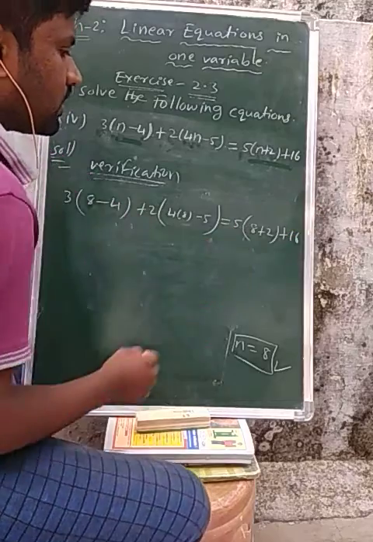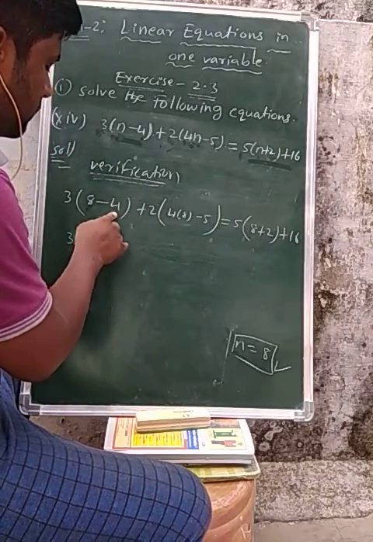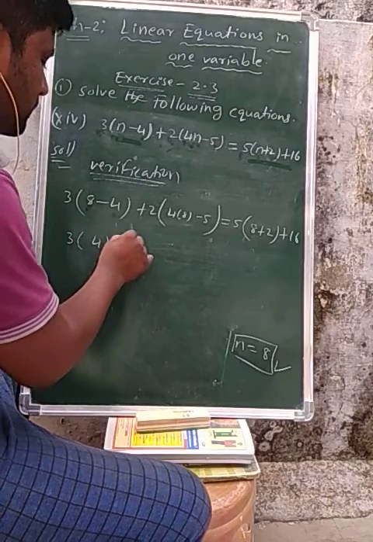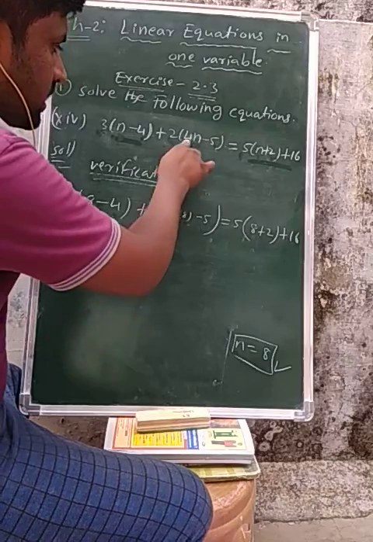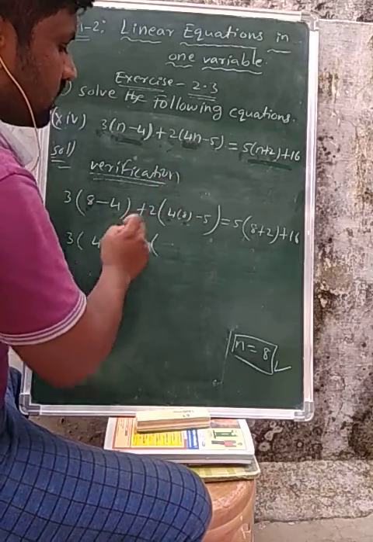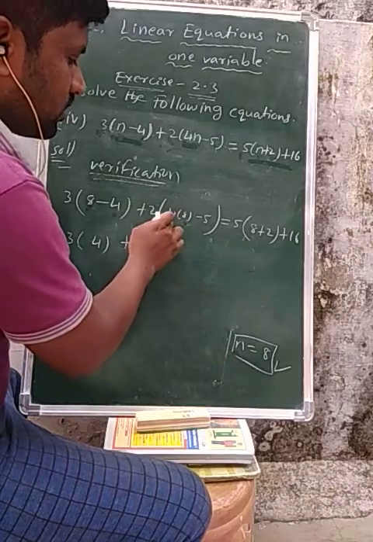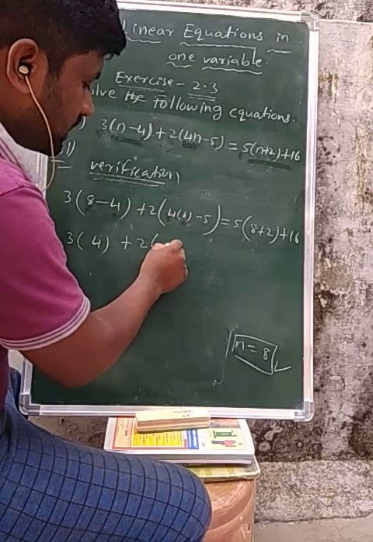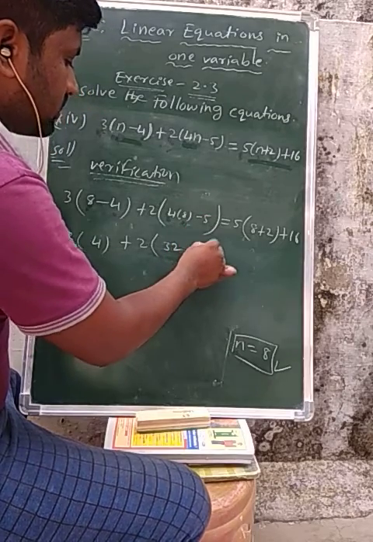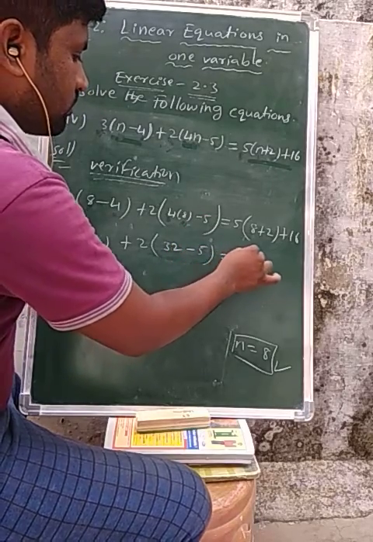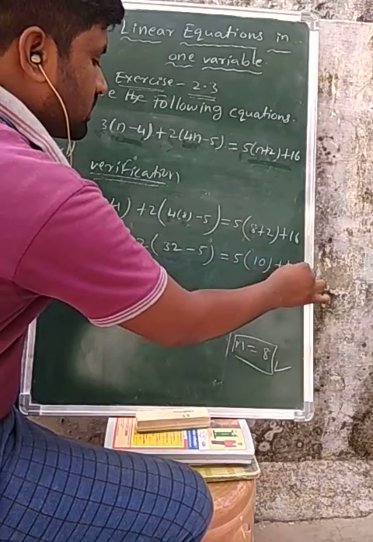Now 3 of 8 minus 4 means 3 of 4, plus 2 of 4 8s. In this bracket, 4n means 4 into n, so in place of n we just substituted 8. 4 8s are 32 minus 5 is equal to 5 of 8 plus 2, that is 10, plus 16.